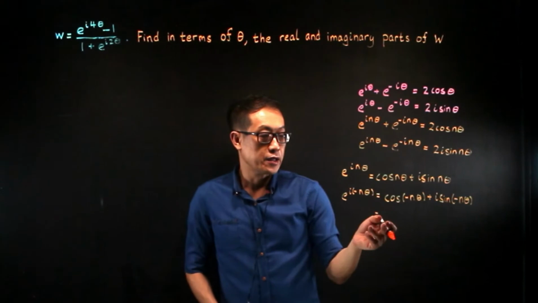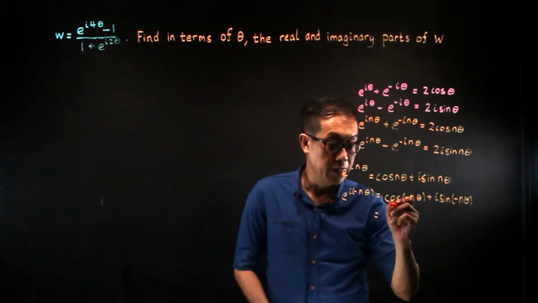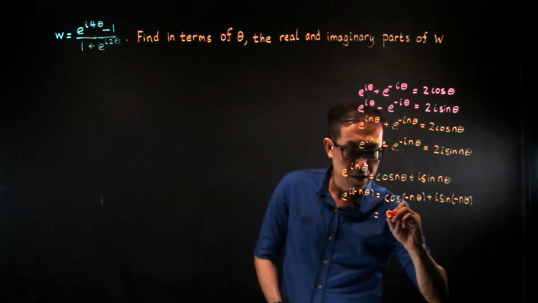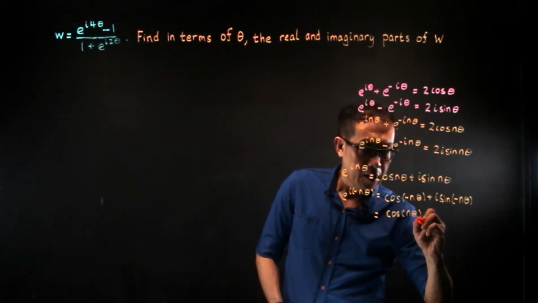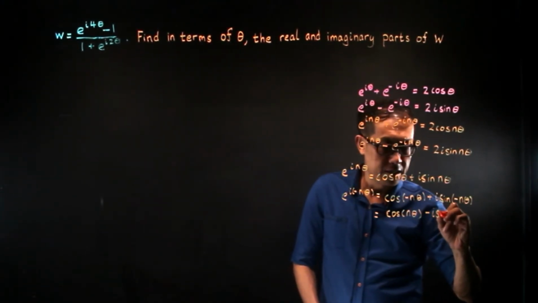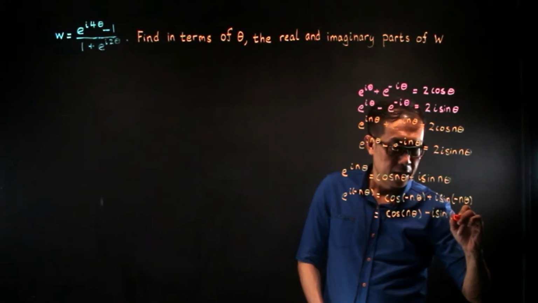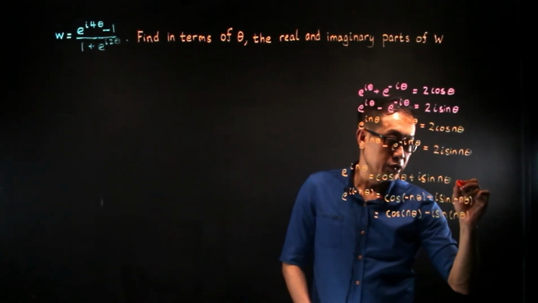Now you learned in trig that cos(-nθ) is actually cos nθ, and this is minus i sin nθ.